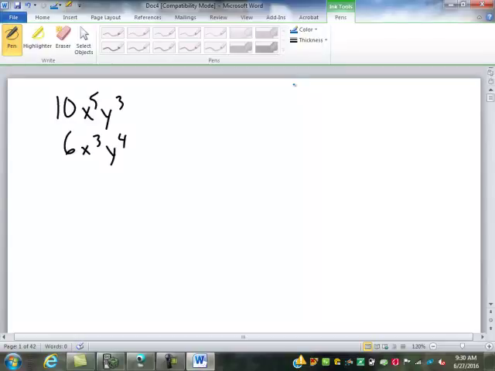Now, if we have to, we can always write them out and put in the ones that are missing, but we don't have to. If we prime factor 10, what does 10 factor into? Just 2 times 5, right? How about 6? 2 times 3. You got it.